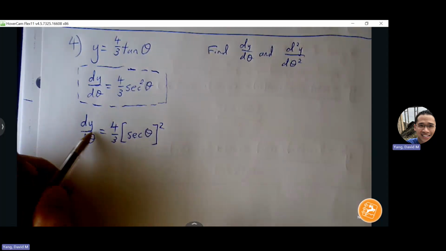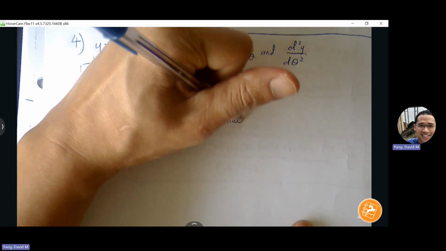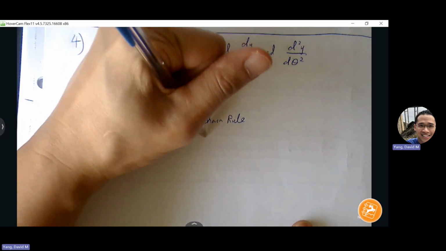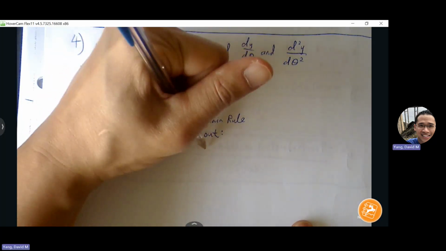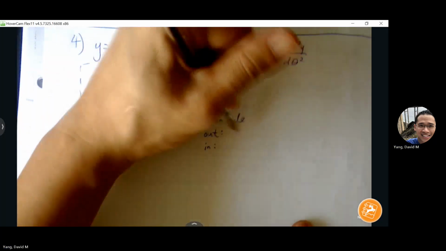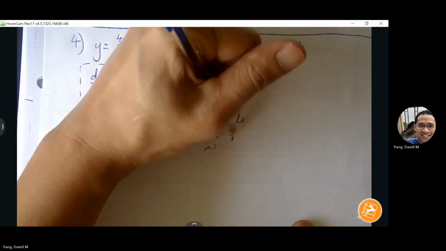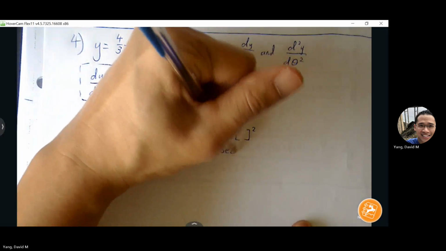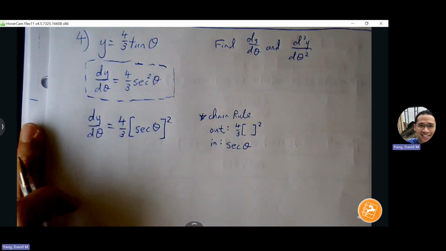Okay, so we know there's chain rule involved. There's an outside inside portion that we've got to make sure we involve. We've got to take turns with each derivative.